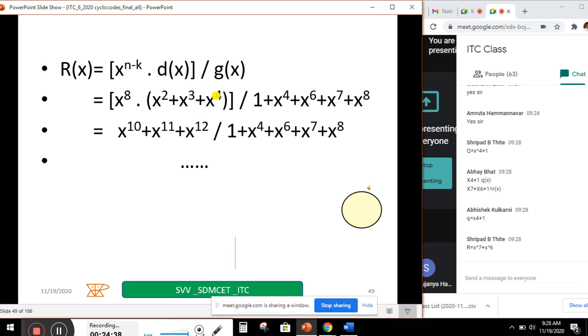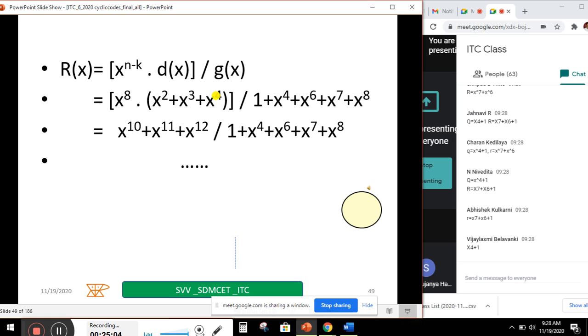But Abhishek Kulkarni, q equal to x raised to 4 plus 1. We'll wait for other students. Janavi has typed the same. It matches with Abhay and other students. Nivedita, Charan, Abhishek Kulkarni have got the same answer.